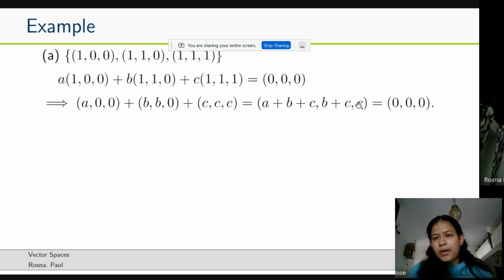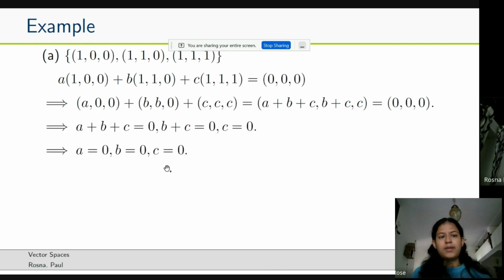When you compare these two vectors, you can easily see that c equals 0. And b plus c equals 0, but we already know that c is 0, so the only possibility is that b equals 0. Now with b and c being 0 and a plus b plus c equal to 0, it means that a equals 0, b equals 0, and c equals 0.